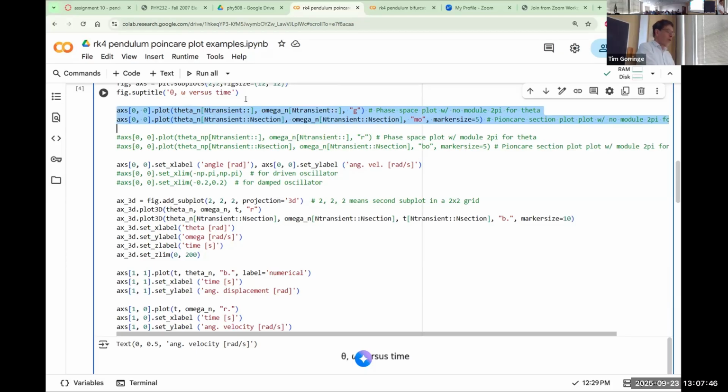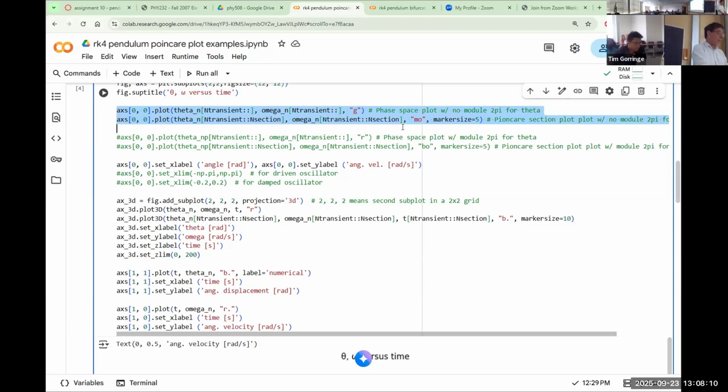These two calls to plot create, the upper one the traditional phase space plot, and the lower one the Poincare section plot. What is the phase space plot? It's a plot of theta and omega points.